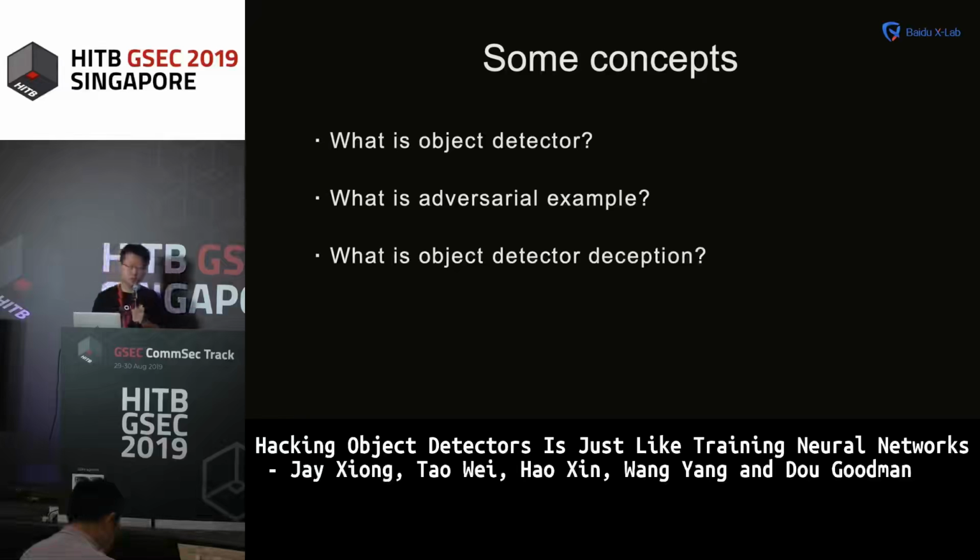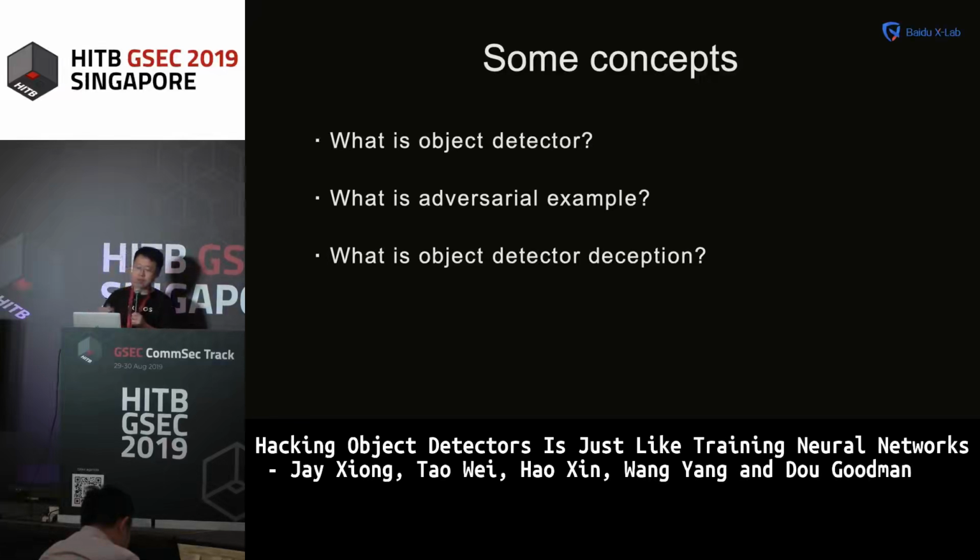So, some concepts. What is an object detector? As we know, deep learning is evolving very fast. In some tasks, especially in computer vision, scientists have used neural networks to localize objects in a camera scene and give confidence about what the object actually is by returning a score.